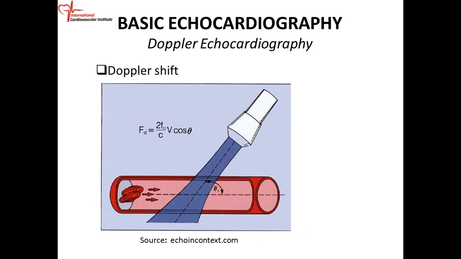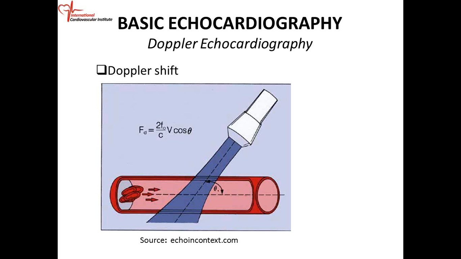And this is what I was trying to show you. The ultrasound beam comes down in a straight line, even though sound is a wave, and the red blood cell is moving, say, somewhat towards the transducer. There's an angle between the moving red blood cell and the ultrasound beam. That's the angle we're talking about, theta. If theta is 0, we get maximum Doppler shift.